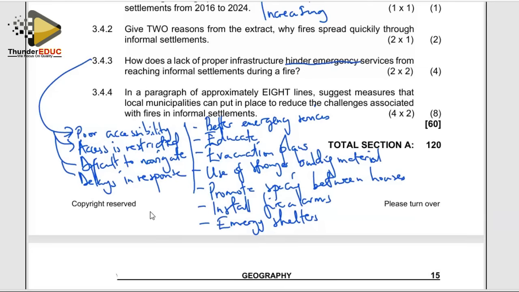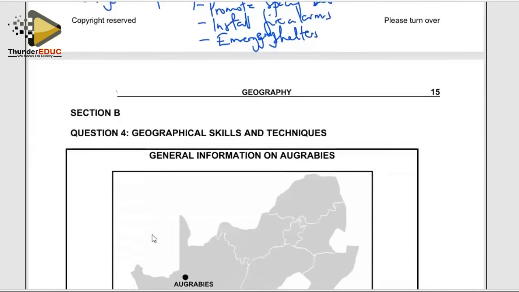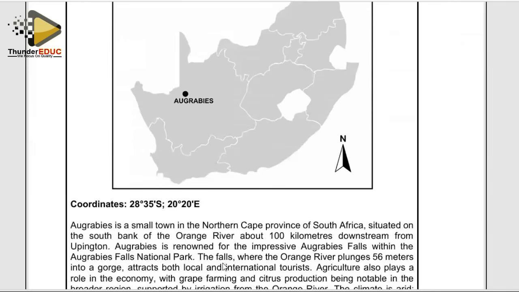I think with this, that takes us to the end of question number 3 and also the end of section A. We now need to move on to section B, which is our map work.